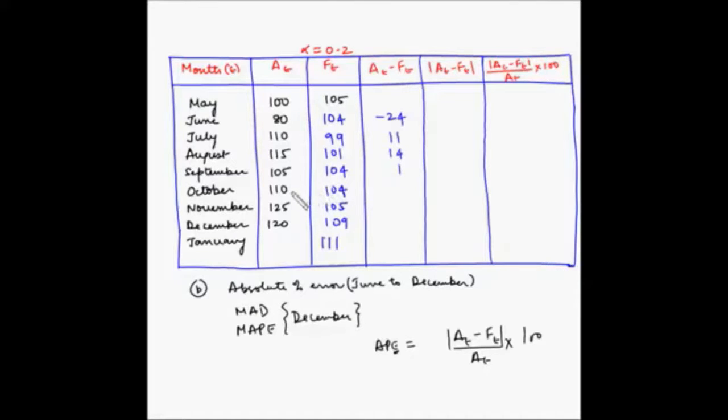October, 110 minus 104, which is 6. For November, 125 minus 105, which is 20. For December, 120 minus 109, which is 11. Now we have to take the absolute value. Absolute value means that we have to ignore the sign. So negative becomes positive. Positive remains as is.